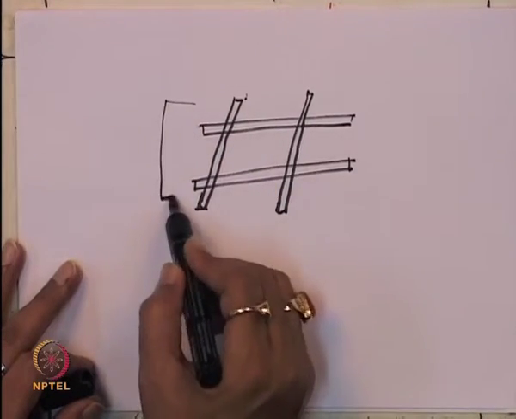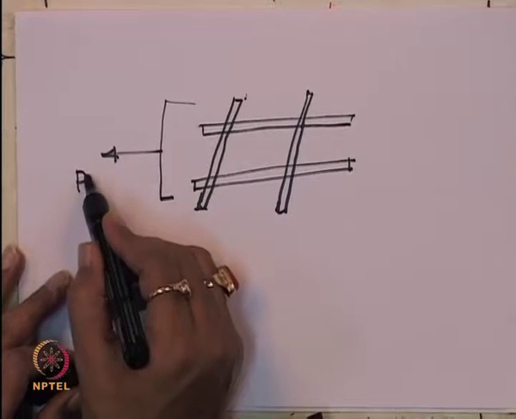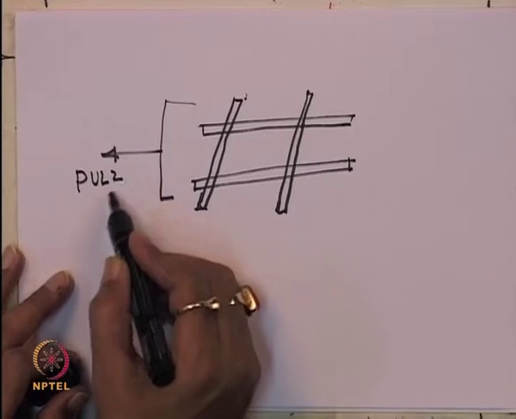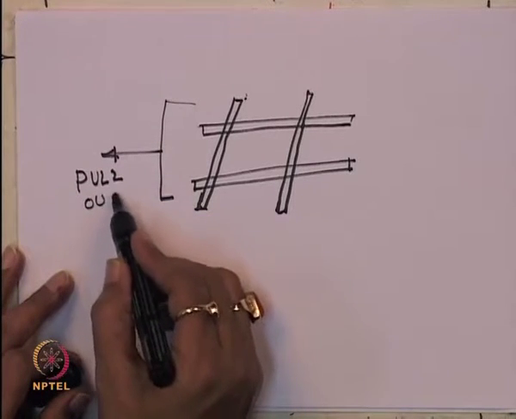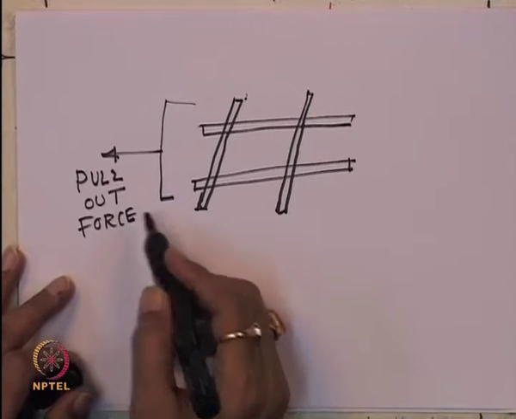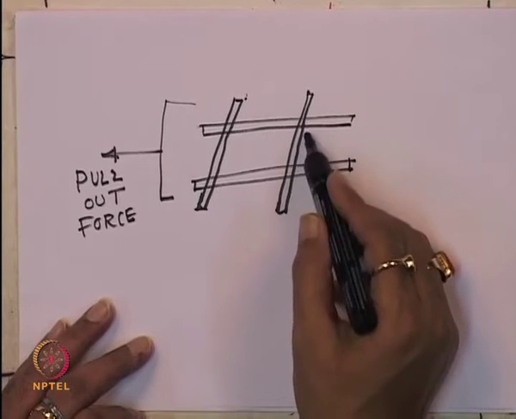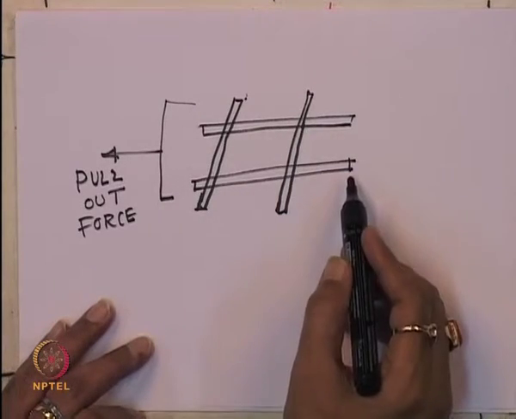And the whole thing, you are applying pull out force. The geogrid material has a transverse rib and also a longitudinal rib.